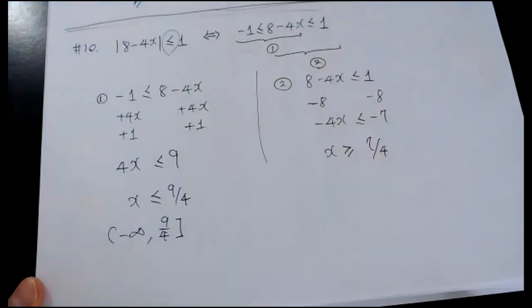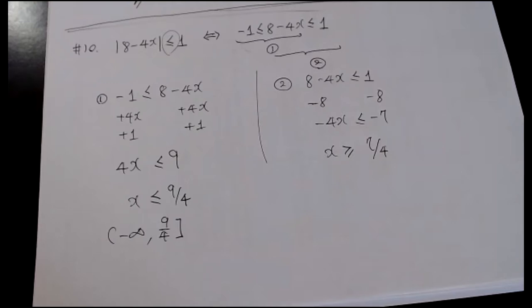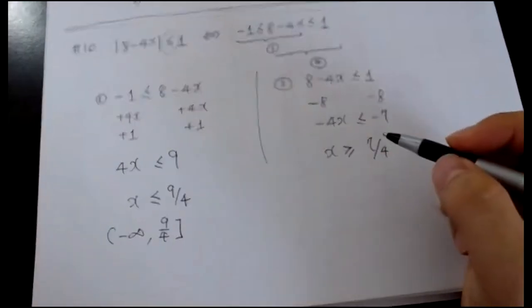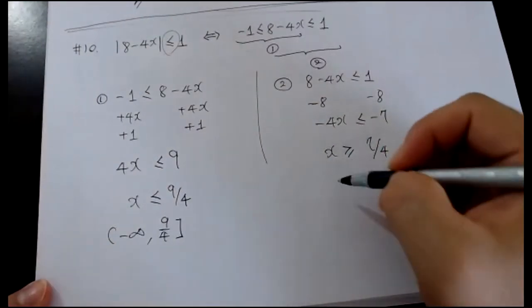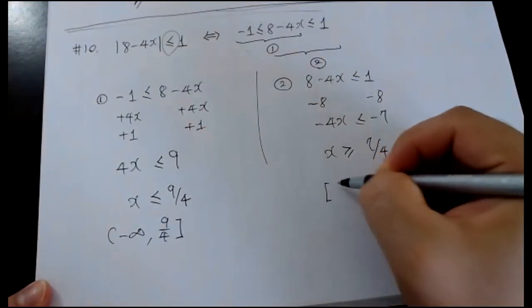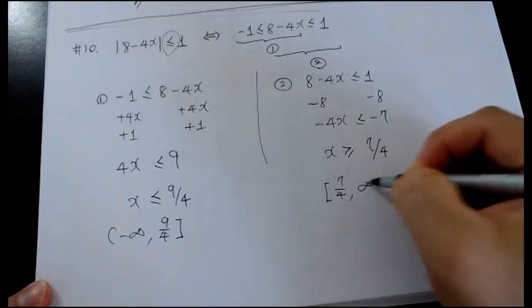So what's the solution set in interval notation? We got closed 7 over 4 to infinity.